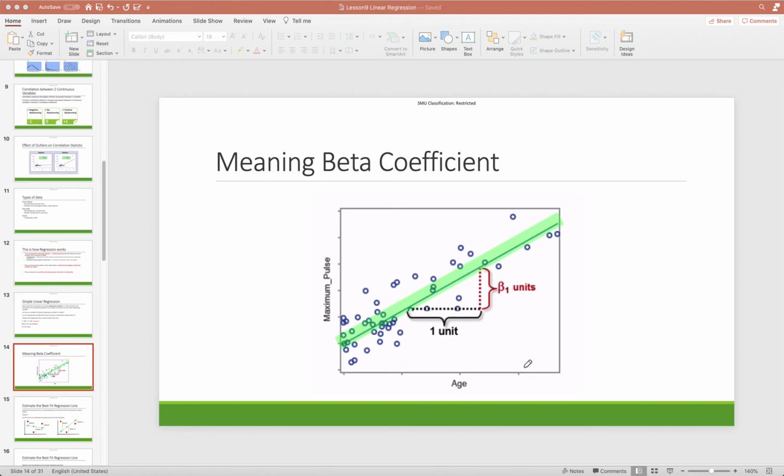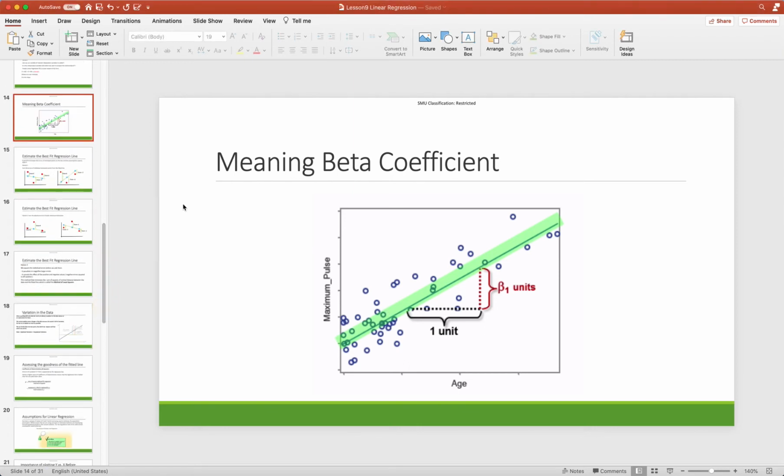Now, if the sign is negative, let's say the slope is -3, what that would mean is that when age changes by 1 unit, the maximum pulse reduces by 3 units. So that's how you interpret the beta coefficient. This is very important, and we are going to extend this definition when we are talking about multiple linear regression. So let's continue with this.